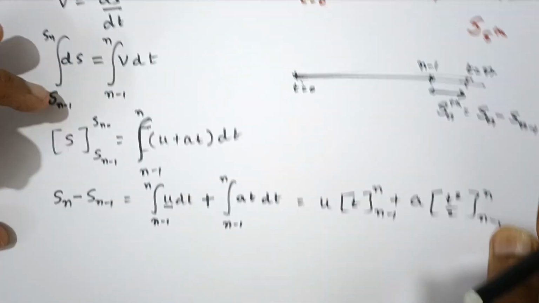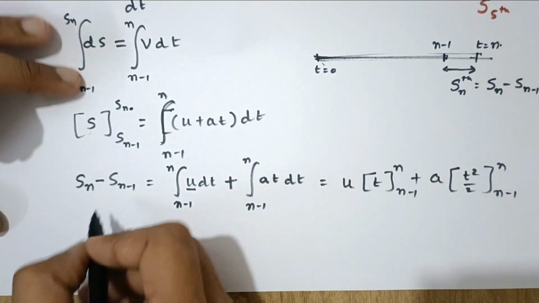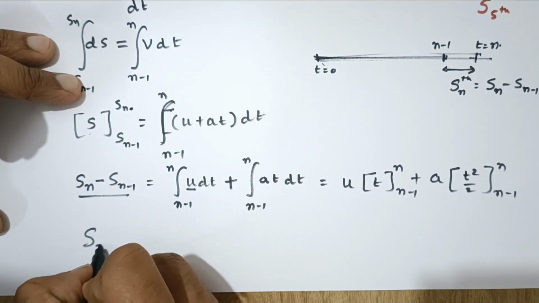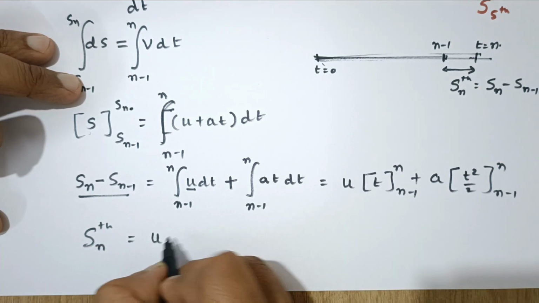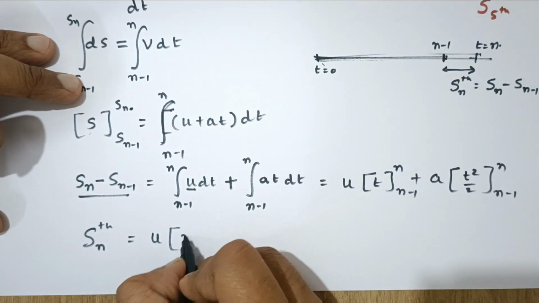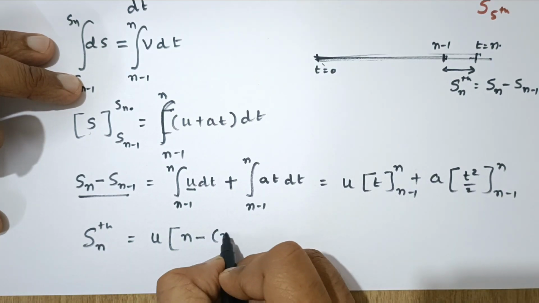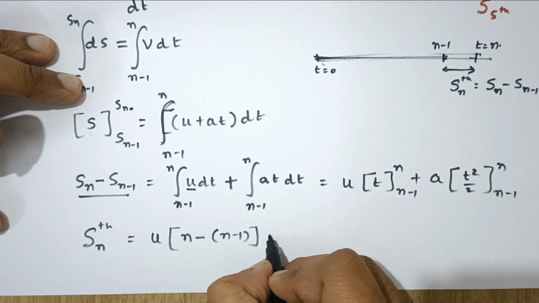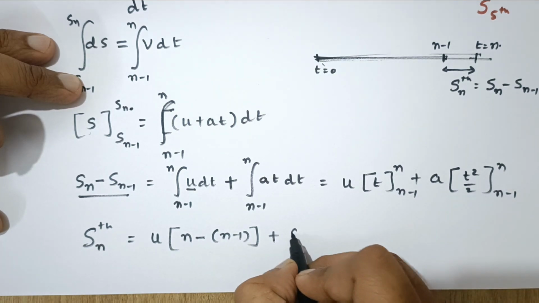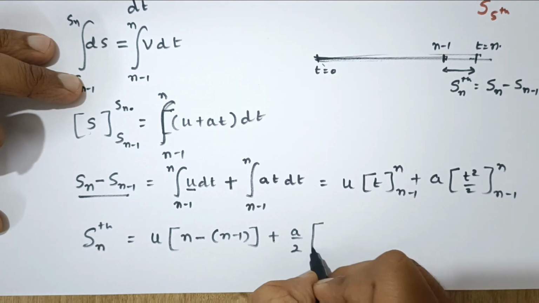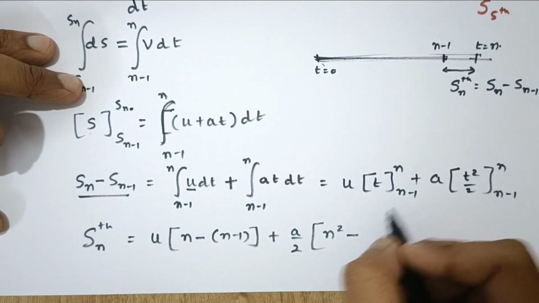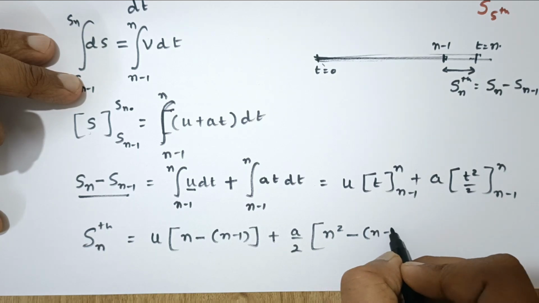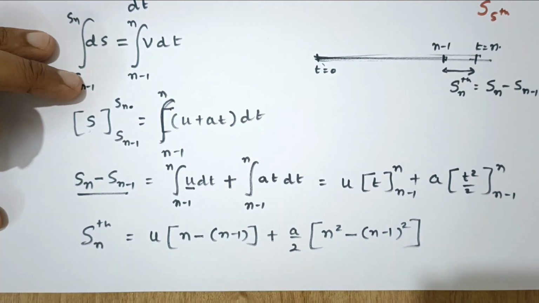Alright, now this itself is the distance traveled by the body in the nth second, and this can be written as u times the upper limit minus the lower limit, plus, taking 2 out of the bracket, a by 2 times n squared minus, this is upper limit minus, instead of t substitute n minus 1, the whole squared, right?